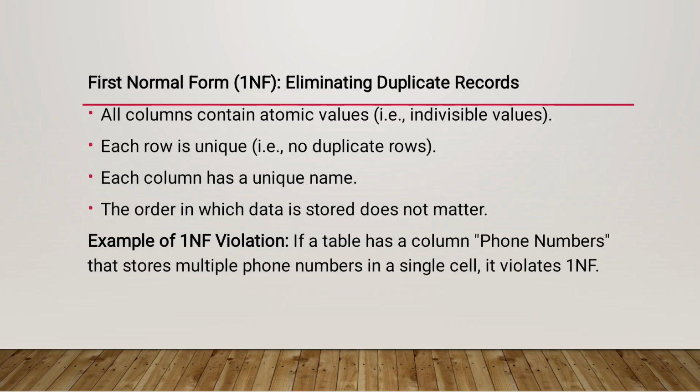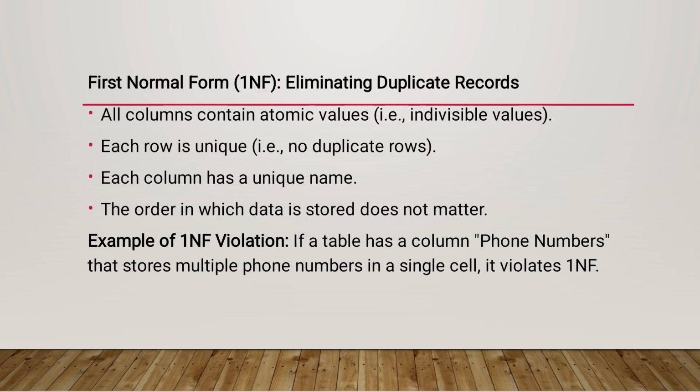That is, first normal form, second normal form, third normal form, Boyce-Codd normal form, fourth normal form, fifth normal form. First normal form. In the first normal form, it eliminates the duplicate records. That means we have to apply some conditions to follow the first normal form.